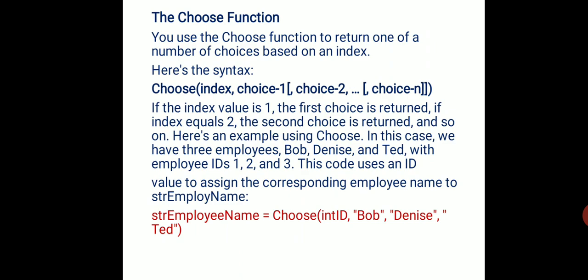If int id equals 1, then it will choose the name Bob. If int id equals 2, then it will choose the name Dennis, and if int id equals 3, then it will choose the name Ted. So this is how to use the choose function.